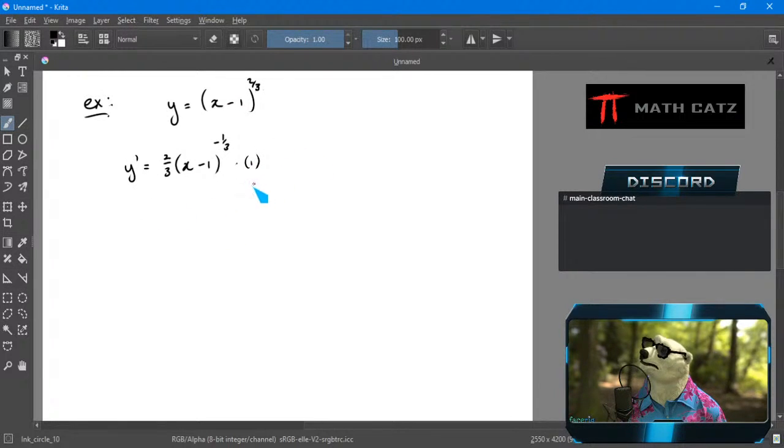Now, for the purposes of moving forward into my table and seeing what is happening with this derivative, I do want to clean this up as much as I can. For me, personal preference is to get rid of the negative exponent, so I will move it to the bottom.